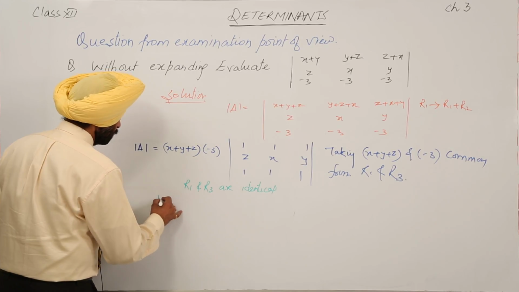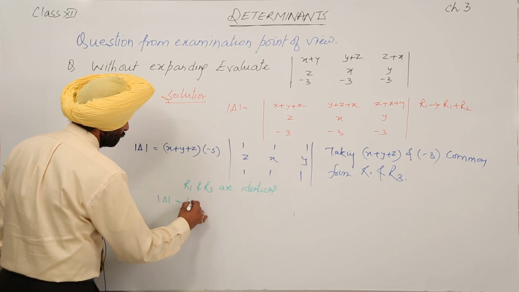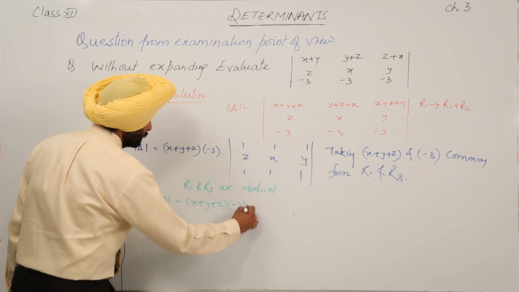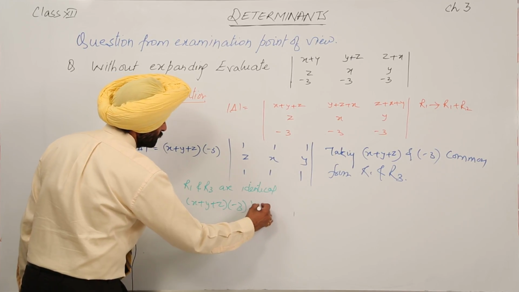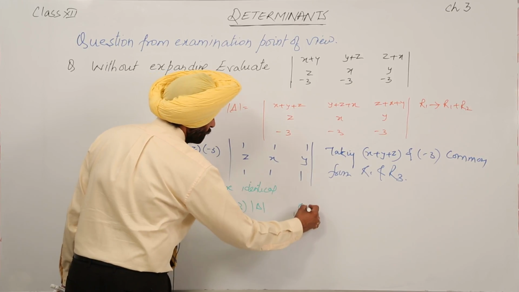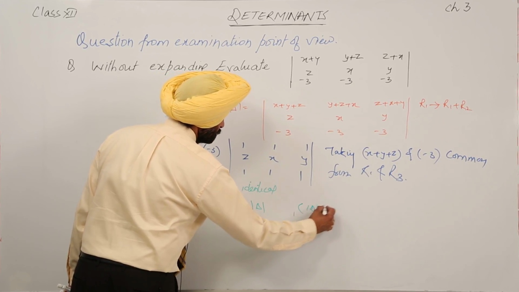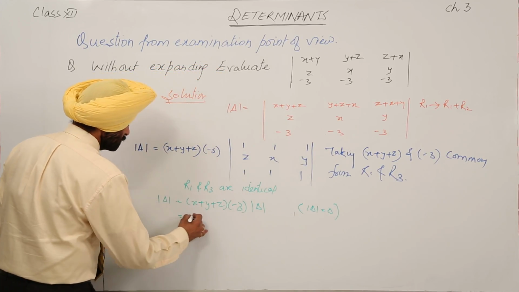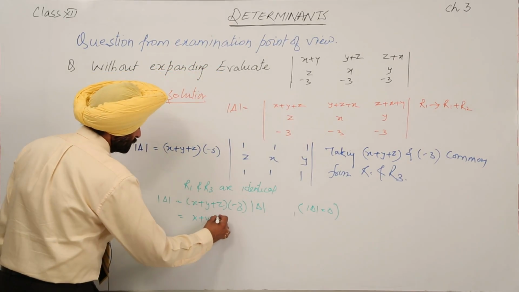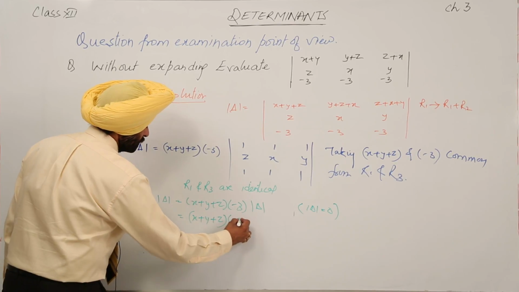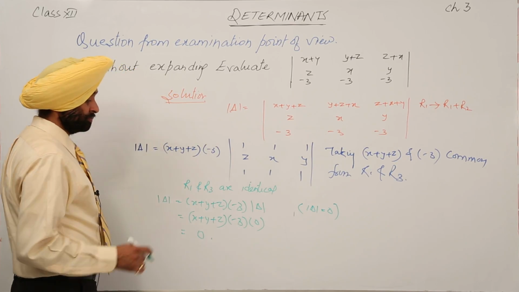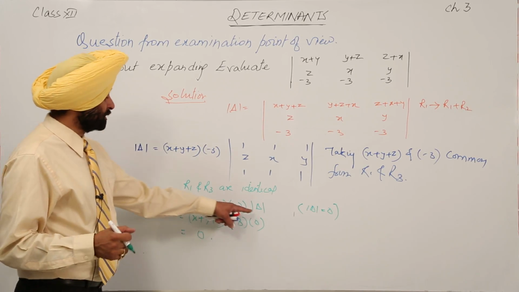So now we can write it as x plus y plus z minus 3 with this determinant, and the determinant is what? 0 according to the property. So this is equal to x plus y plus z minus 3 with 0. This is equal to 0. The result of this determinant is 0.